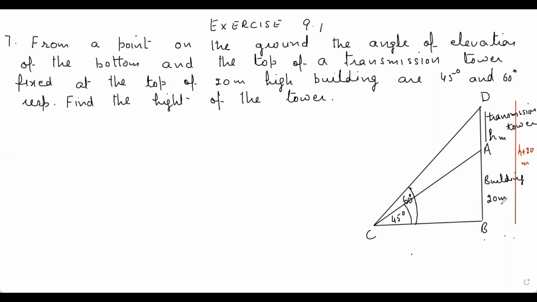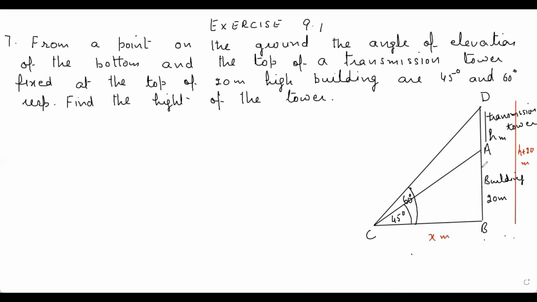Its height is 20 meters. A transmission tower is fixed on the top of this building, and let its height be h meters. The angles of elevation of the bottom and top of this tower from point C are 45 degrees and 60 degrees respectively. Let the length of BC be x meters.